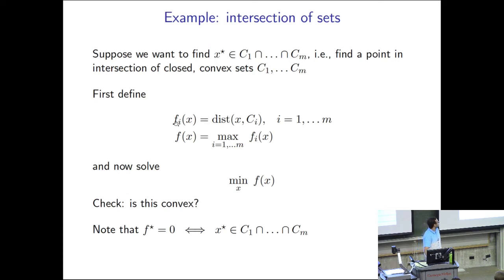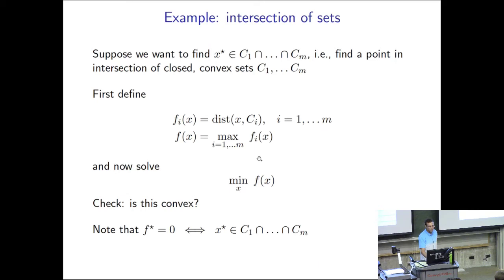So the problem is to minimize the maximum distance between our optimization variable x and each of those sets. Let's define f_i to be the distance between x and C_i. This is convex. We've done this as an example in the past. This is a convex function of x as long as C_i is a convex set. And a max of convex functions is convex, so this whole criterion is convex.